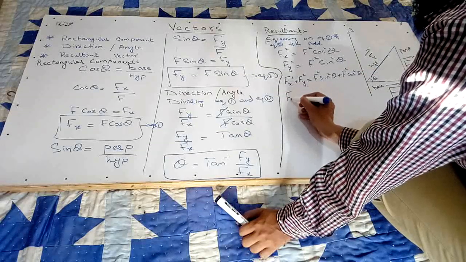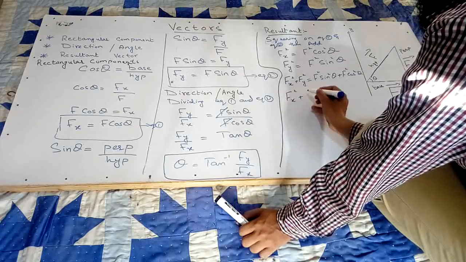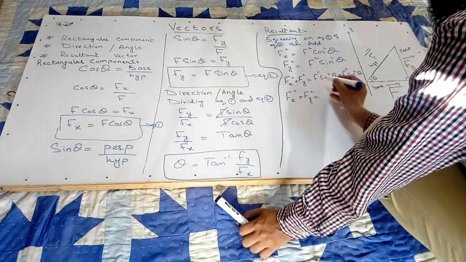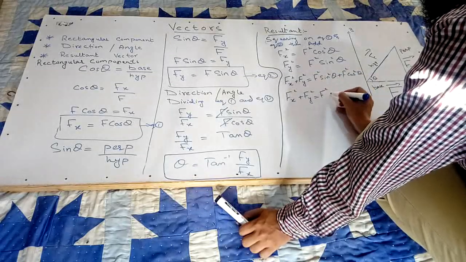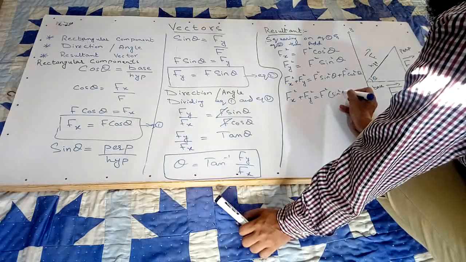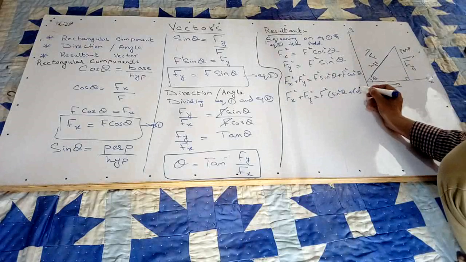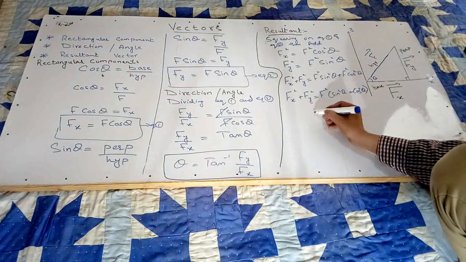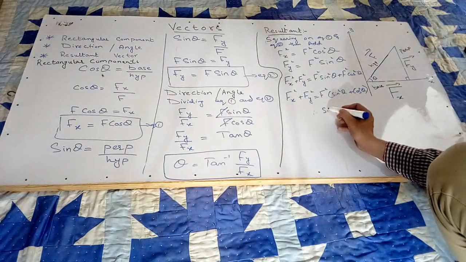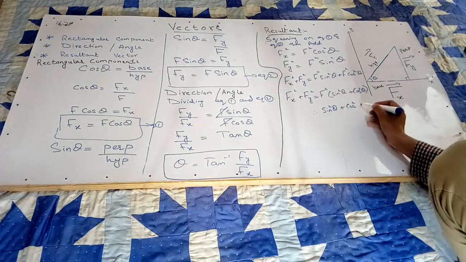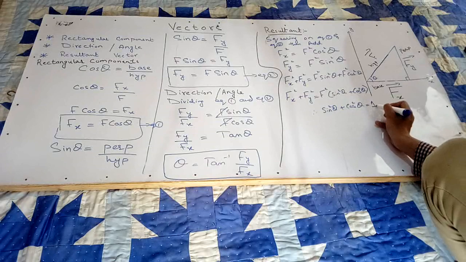So Fx square plus Fy square is equal to, if we take F square common, F square times sin square theta plus cos square theta. Sin square theta plus cos square theta is equal to 1.